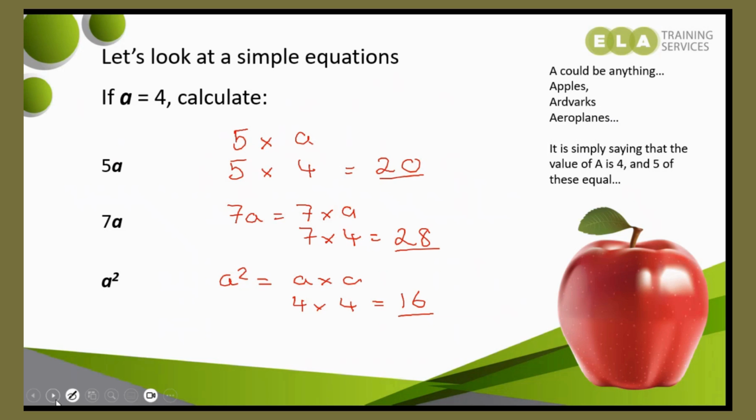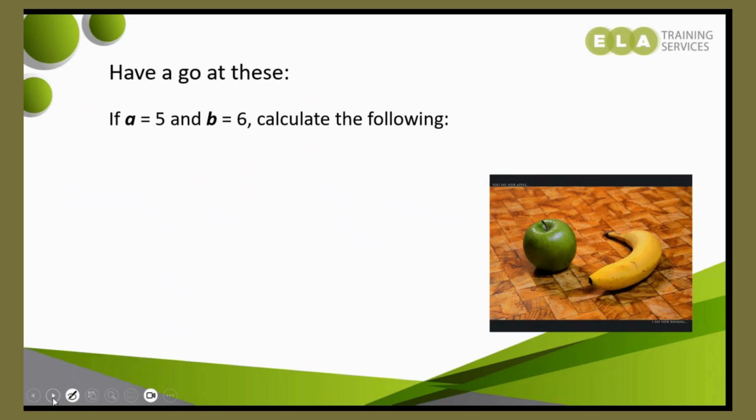Okay, sometimes we can use a combination of letters in substitution calculations. So for example, we might have AB, 2A plus B, and 3A plus 2B. So AB is basically saying A times B, where A is 5 and B is 6. So 5 times 6, or A times B, is 30.